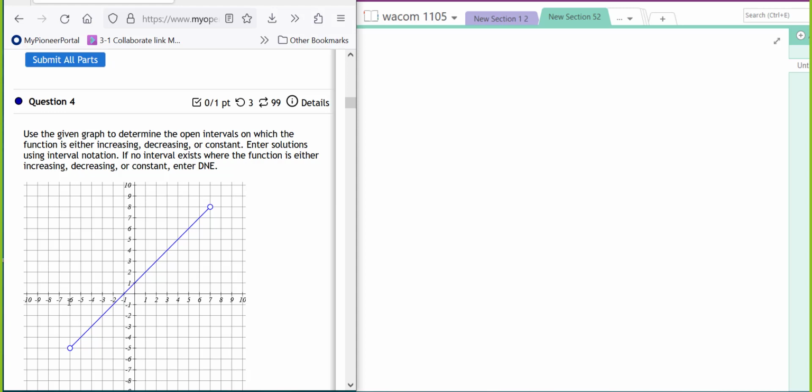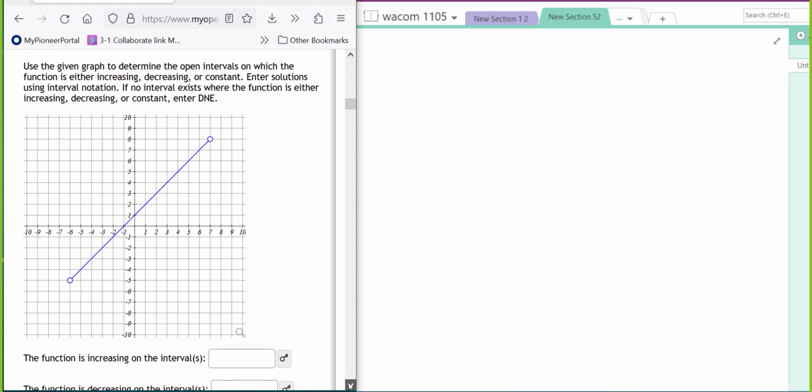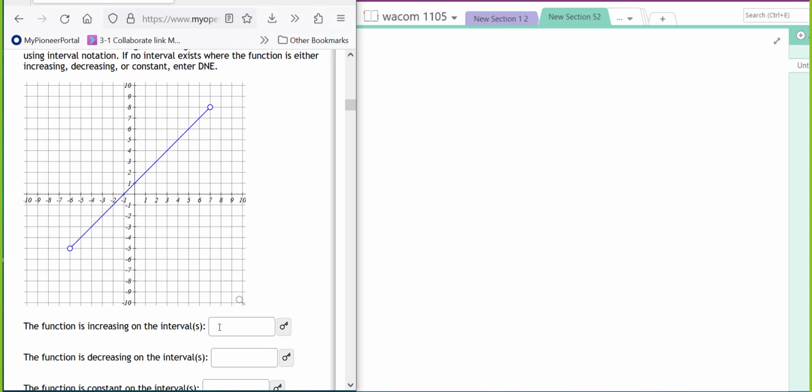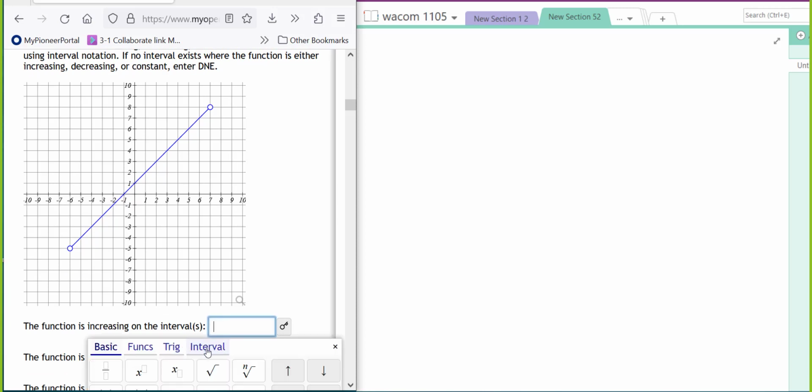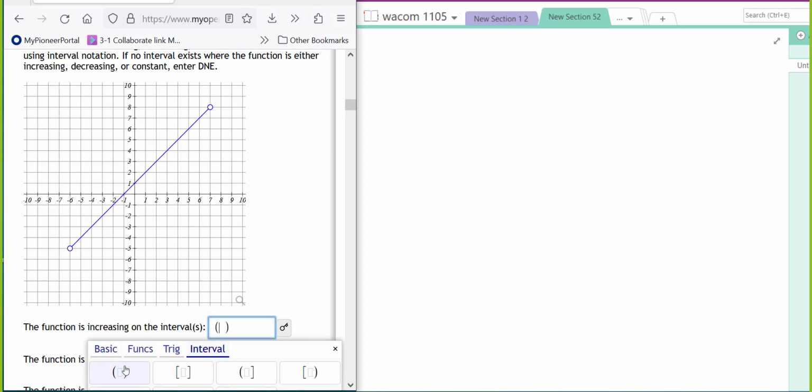So it starts at -6, and it stops at 7, but you still want the parentheses. So it is increasing. We'll do parentheses to parentheses, and our leftmost is -6, and the rightmost is 7.